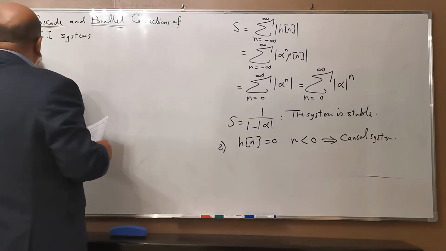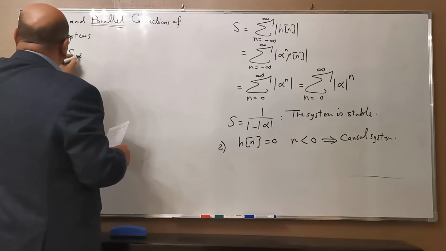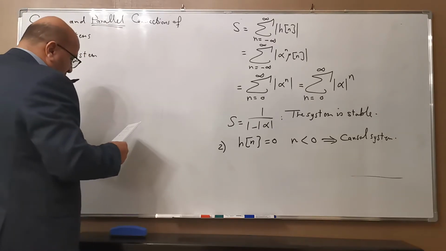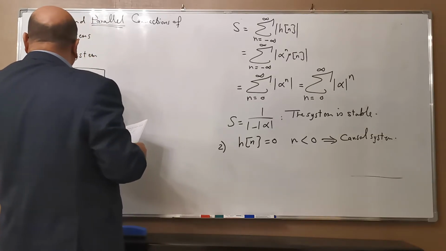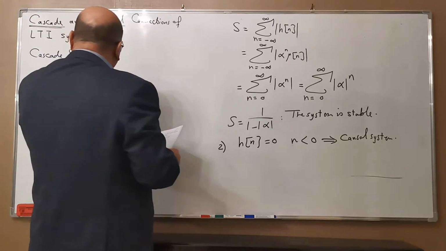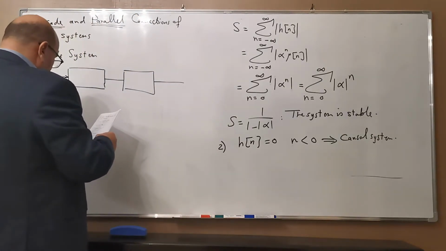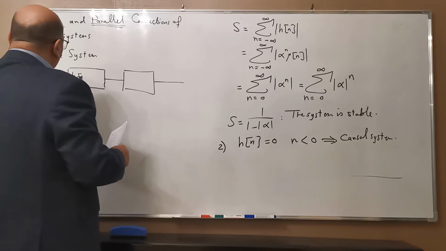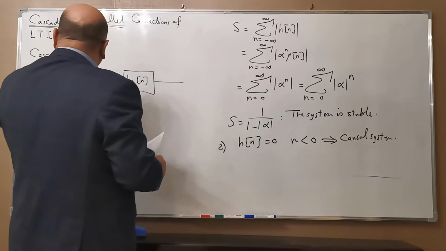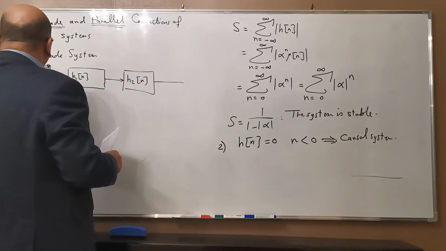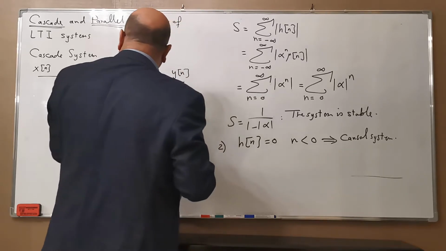Take a cascade system. Cascade system means that the first system is an input to a second system. So you have two systems in a row. This is h1 of n, h2 of n, x of n, and this is our y of n.